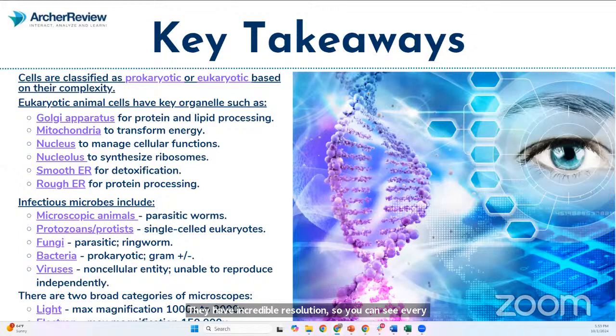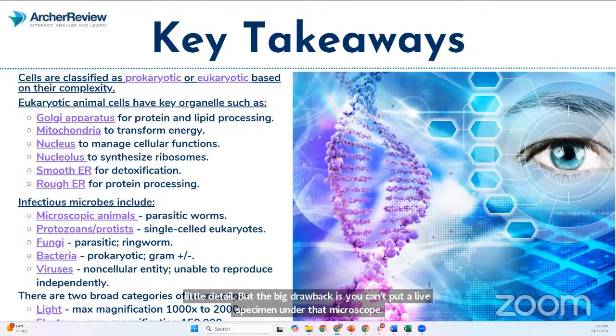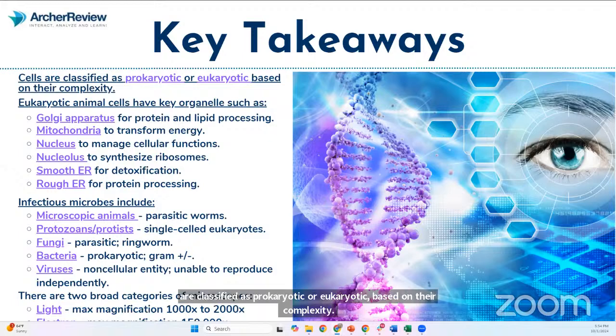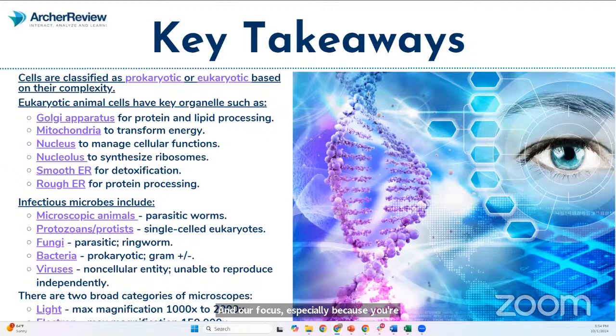Okay, so we are coming to the close of this particular segment, and we're going to focus on our key takeaways, and then we'll have a few questions to see what we've learned so far. So to wrap this up, we want to remember that cells are classified as prokaryotic or eukaryotic based on their complexity. And our focus, especially because you're preparing for the TEAS exam, is on eukaryotic animal cells.